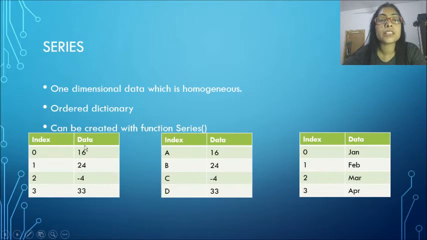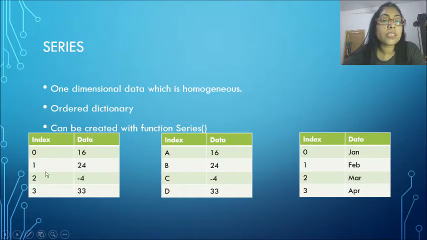It is the indexing of this data part. Because it is ordered, each element must have some index. So you can have a series with integers, but the index can be of any type. In this one, the index is integer and the data is of string type.